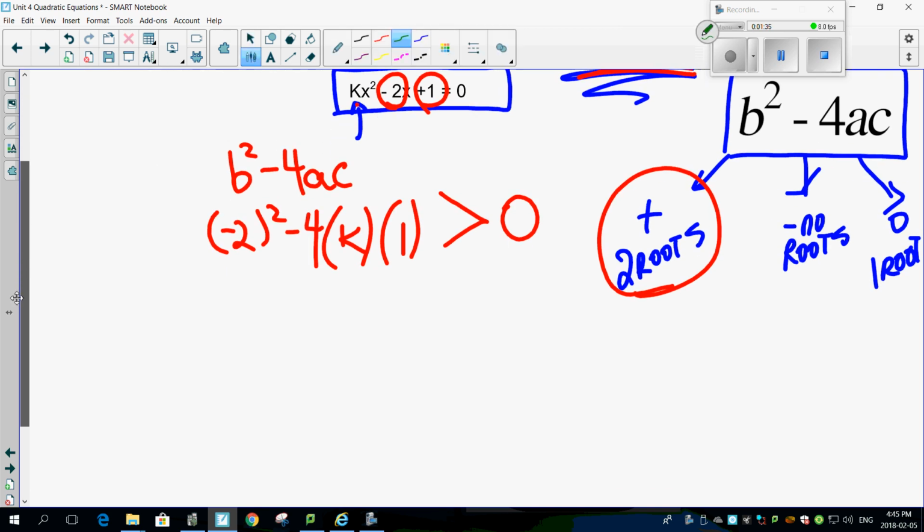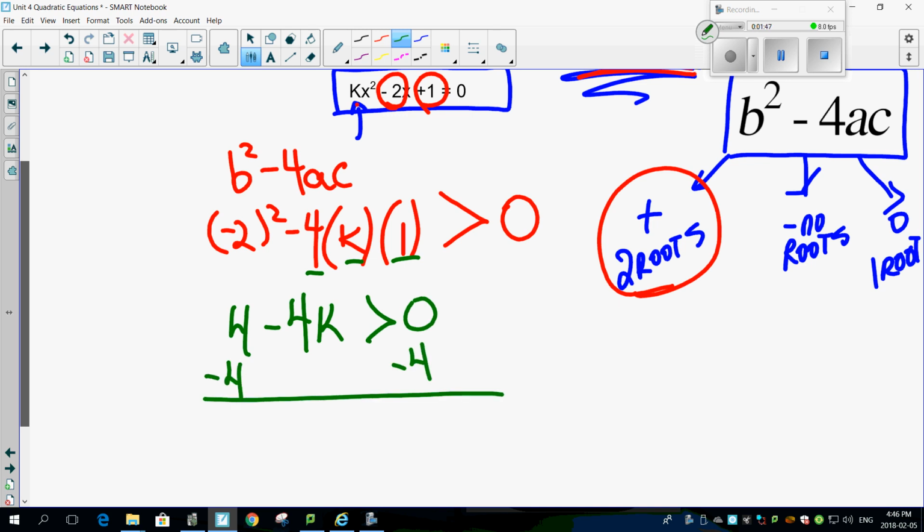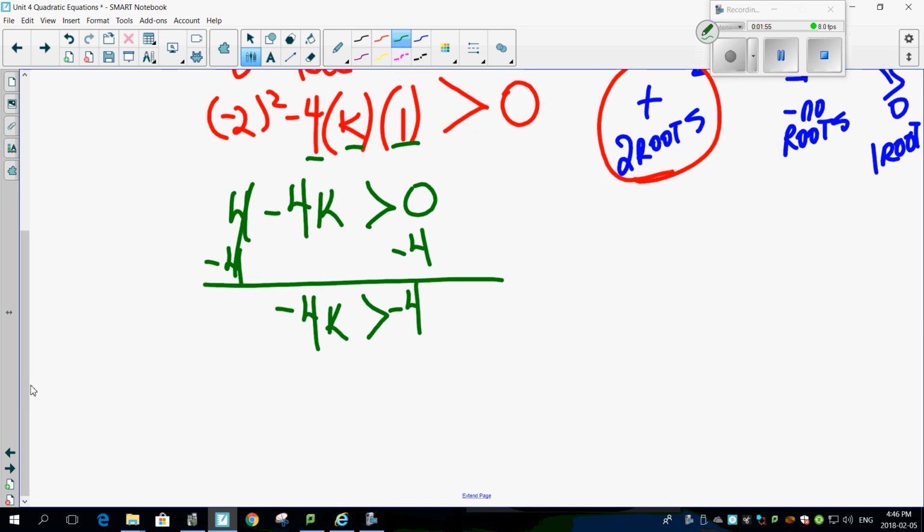So negative 2 squared, that's 4, minus 4 times k times 1 is minus 4k. Bring the 4 over, leaving you minus 4k greater than minus 4. Now, watch this. Remember, this is now an inequality.